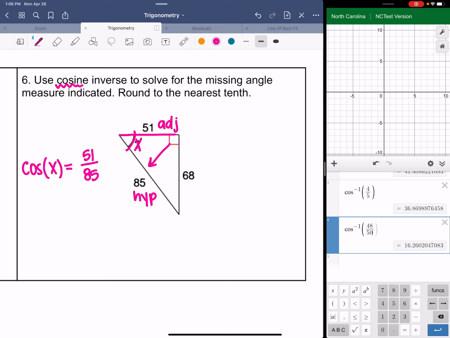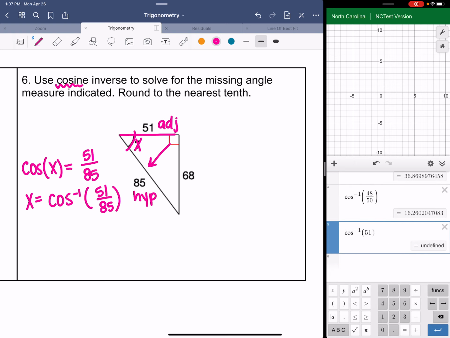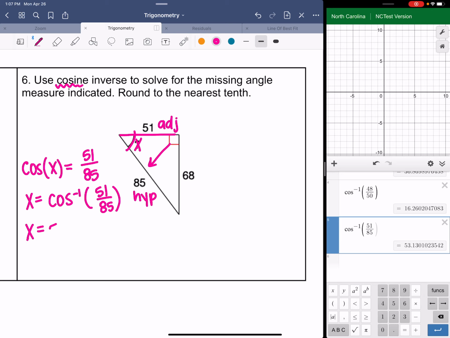So 51 over 85. Now take the cosine inverse on each side of that equation. That means they cancel on the left, and on the right we have cosine inverse of 51 over 85. Functions, cosine inverse 51 divided by 85. That gives us an angle measure of 53.13. So if we're rounding to the nearest tenth, that's just going to be 53.1 degrees.